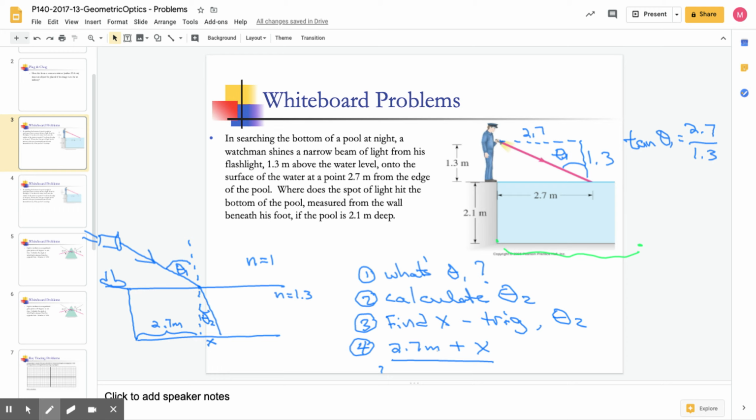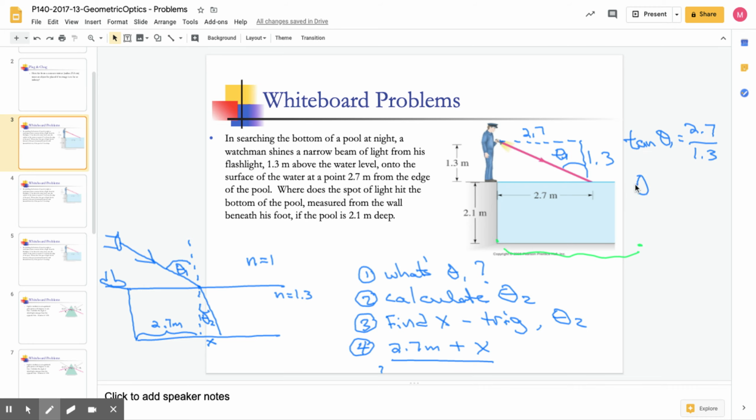Okay, so let's calculate our angle first.